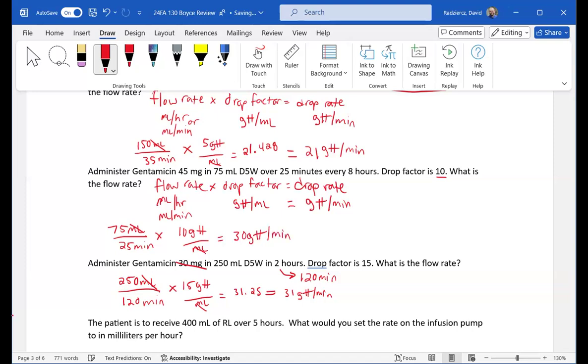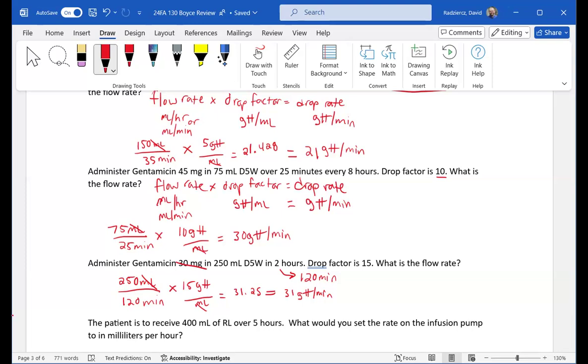Now, if you're somebody who really likes to do ordered over available, desired over have, or whatever you call it, these don't work as well. You can do it as long as you are paying attention to what goes where. But that's why I usually try and get you to focus on the formula flow rate times drop factor.